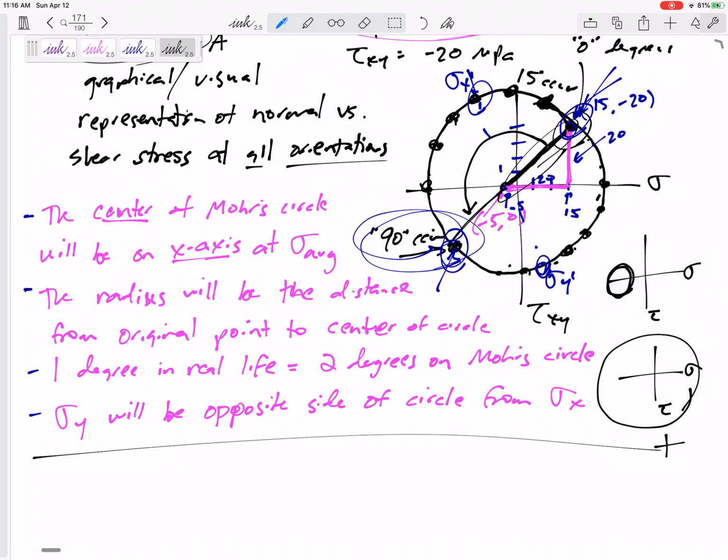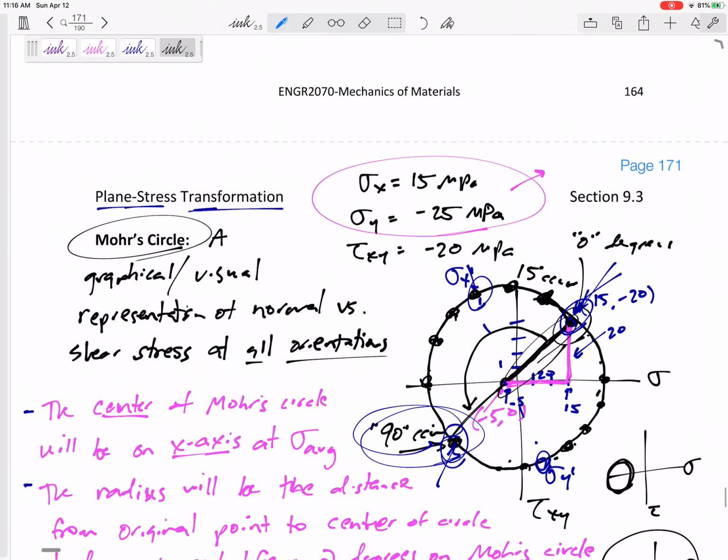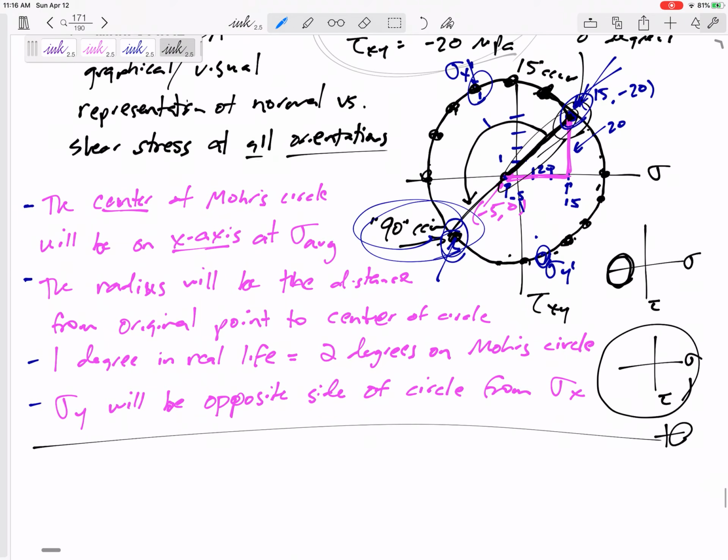You might have one that is all over here. They will be different just depending on your original stresses. But they will all be centered on the x-axis at the average stress. You can find the radius. 1 degree in real life equals 2 degrees on Mohr Circle. And sigma y is on the opposite side of the circle.